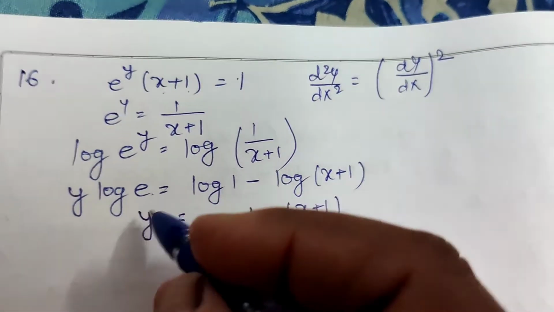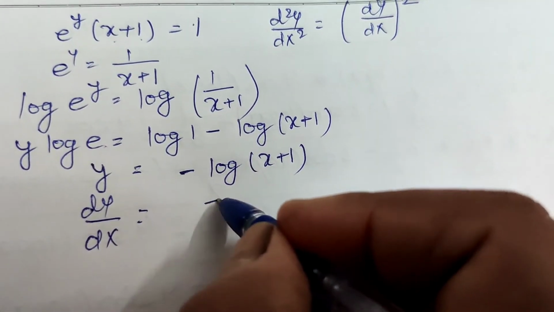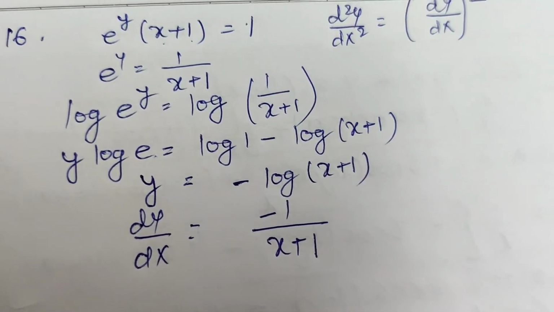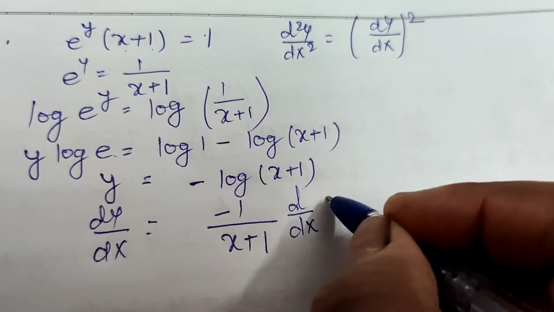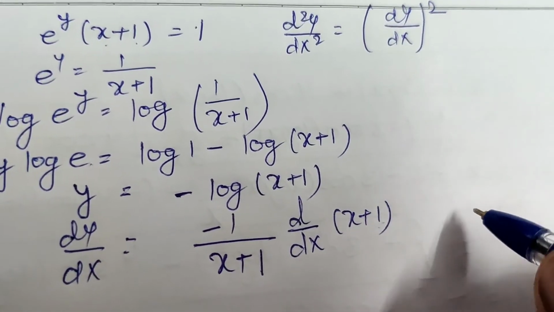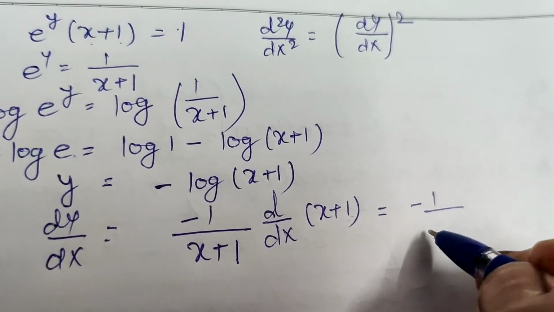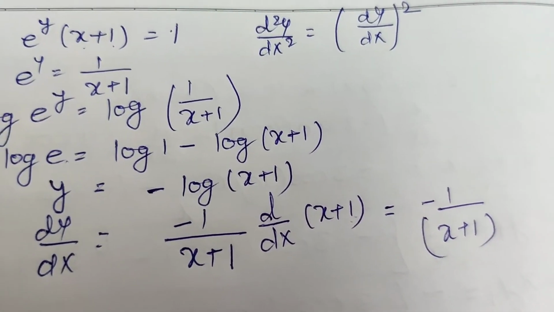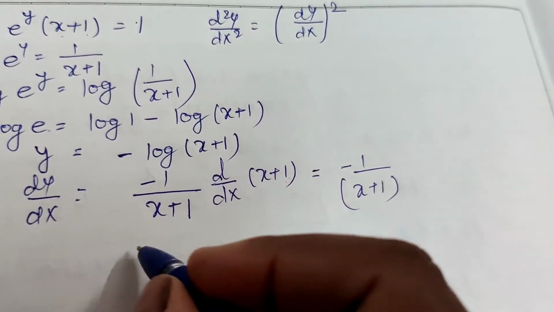Okay. So now dy over dx, differentiation of this, is equal to minus 1 upon x plus 1 and d over dx of x plus 1, which is equal to 1. So we can write minus 1 upon x plus 1, that is x plus 1 raised to power minus 1.